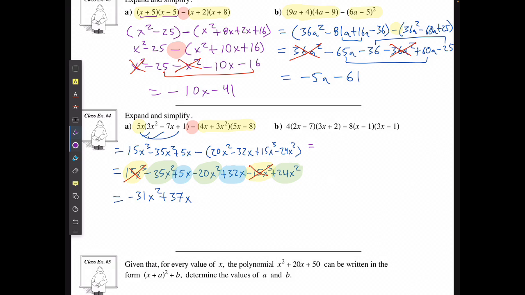So I'm going to start with 4, and when I multiply out this set, I get 6x squared plus 4x minus 21x minus 14, and this is going to be minus 8, and I'm going to get 3x squared minus x minus 3x and plus 1.